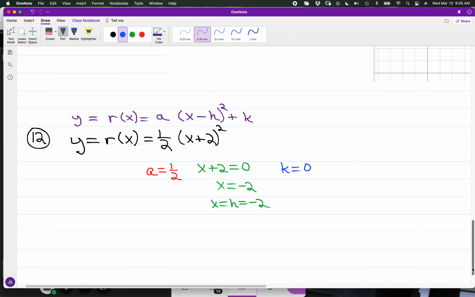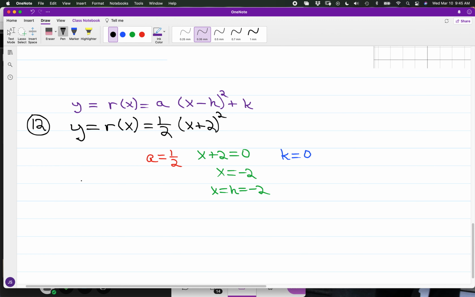And so in terms of the shape of things, a is equal to 1/2. Now it's a smaller number than 2, but it is still a positive value. So the graph is going to open upward.